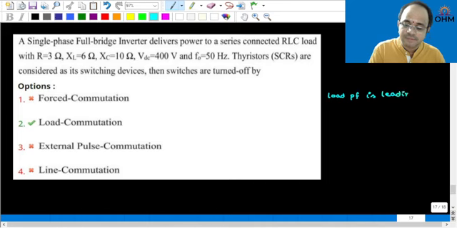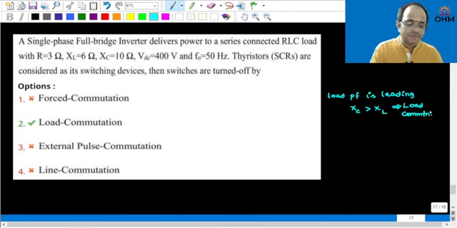How can I conclude this one? Because XC value is given, XL from the data. XC is 10 ohm, XL is 6 ohm. Hence, XC value is greater than XL. Hence, in case of leading power factor load, the scheme of commutation is load commutation.